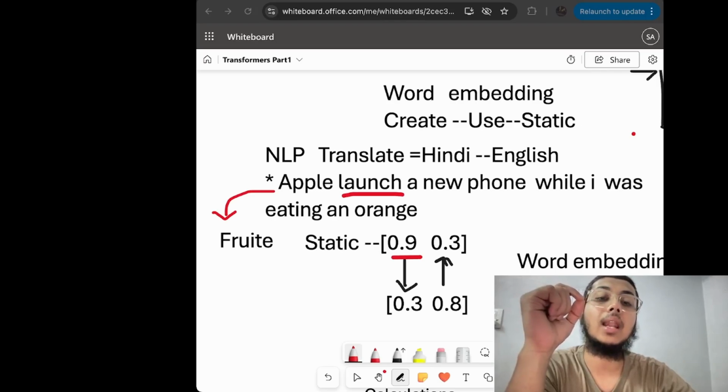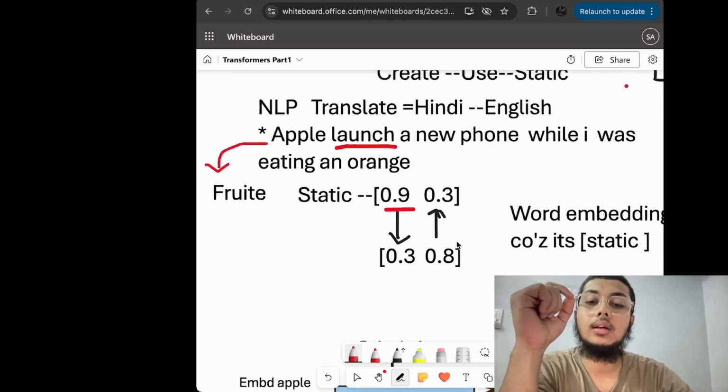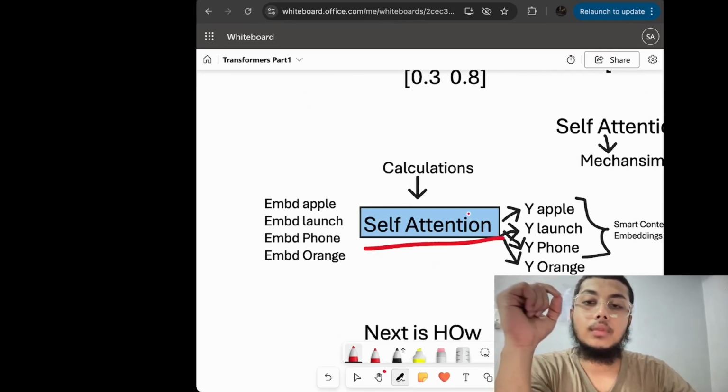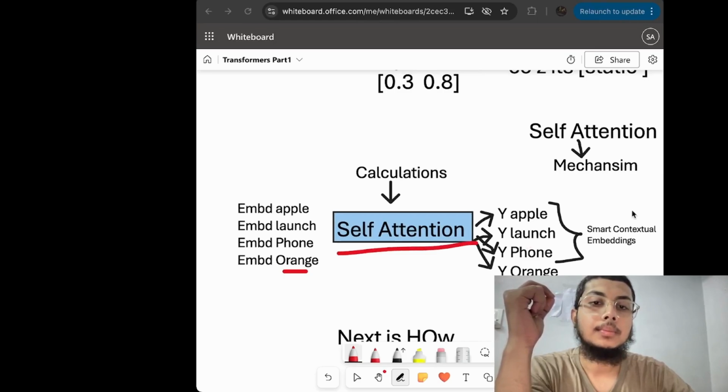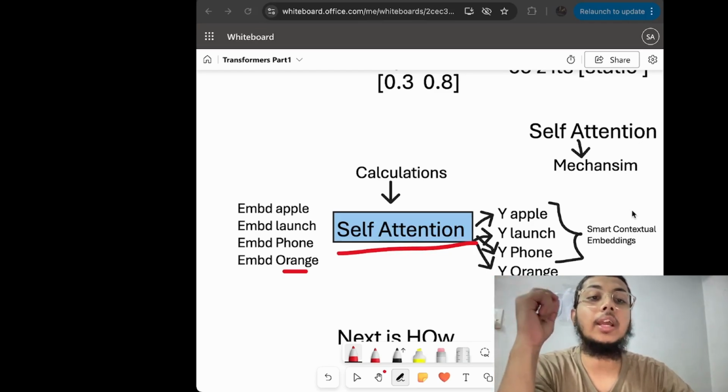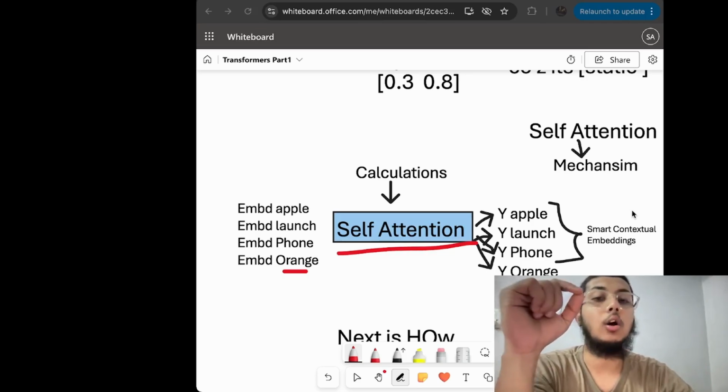Some calculations happen inside, which give you new embeddings for apple, for launch, for orange, and for everyone. Basically for every input you get one output embedding.